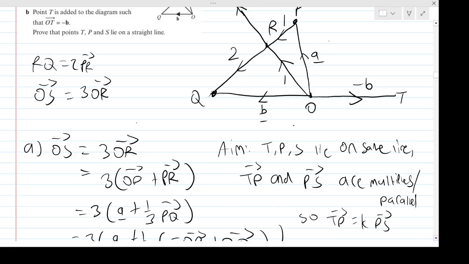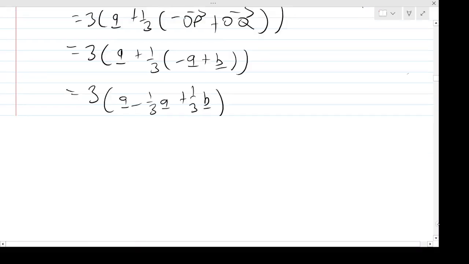So if we want to show that 3 points are on the same line, if we make two vectors from any 2 points in the line, so say from T to P and then P to S, those two vectors are going to be parallel, so they're multiples. That's what we want to show. If we can show that, then they're on the same line, okay? It just goes back to what I talked about earlier at the start. But that's the aim.